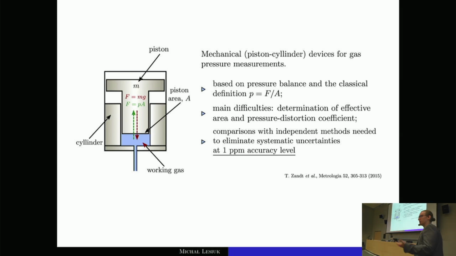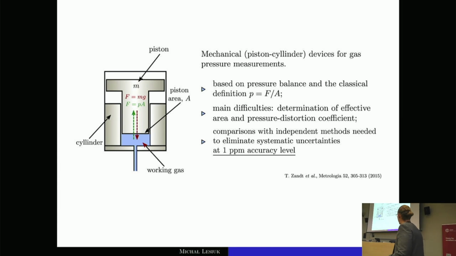Of course, the difficult thing about this device is to measure this effective area that essentially touches the gas, and also the coefficient which describes the expansion of the device as you increase the pressure.